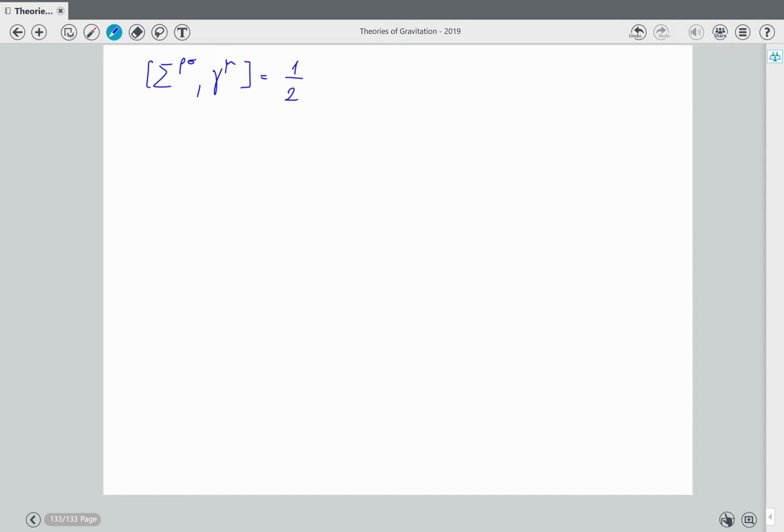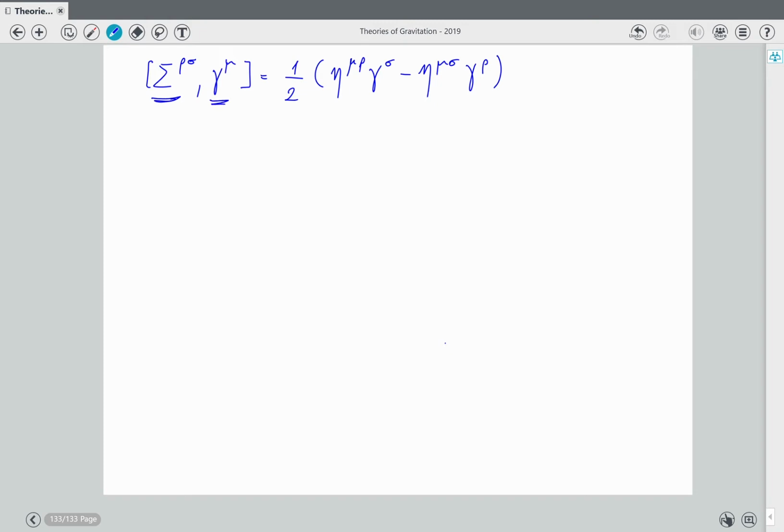That is 1/2 eta mu rho gamma sigma minus eta mu sigma gamma rho. Basically, the commutator of these two objects is that, because what we are proving basically is that these are generators of the Lorentz group.